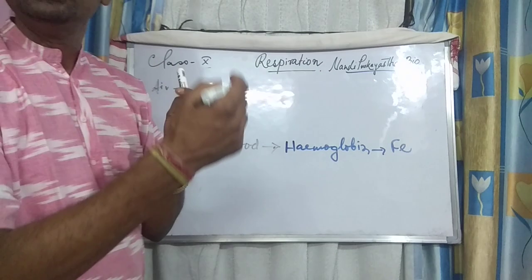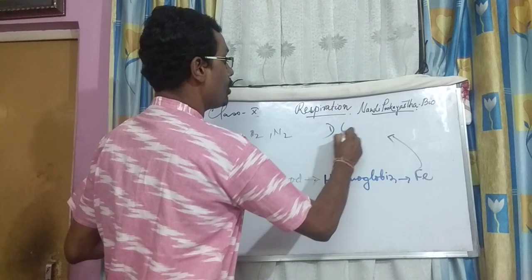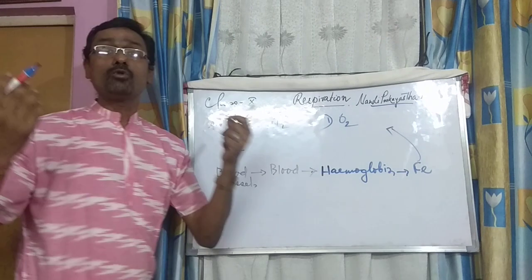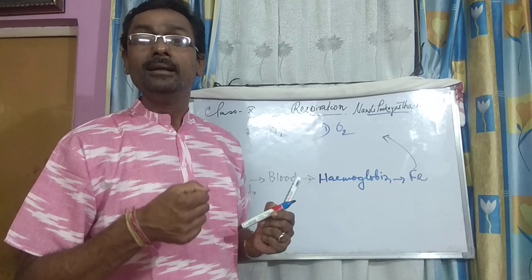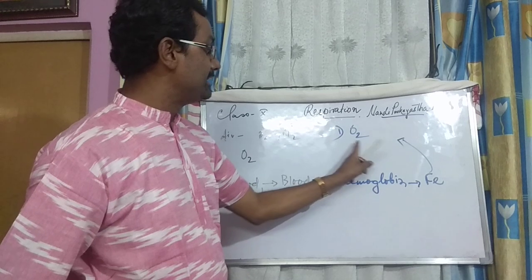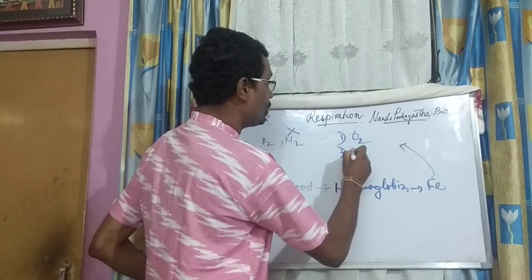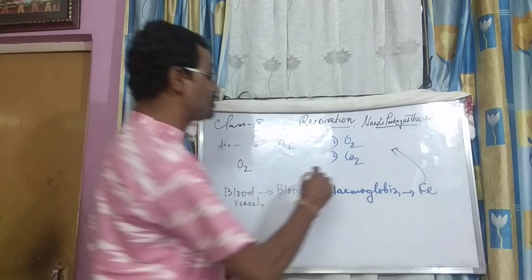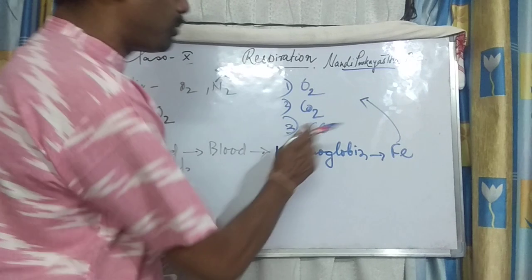Affinity means love, attraction. Iron has affinity for three materials. Number one, oxygen. That's why it is not taking nitrogen. The question may be: why, out of the number of gases present in the atmosphere, do we take oxygen for breathing? A very simple question, isn't it? But the answer, you need to think. Oxygen has a great bonding for iron. Number two, carbon dioxide. That's why we give out carbon dioxide. Another gas which also has a great affinity for iron is carbon monoxide, a poisonous gas.